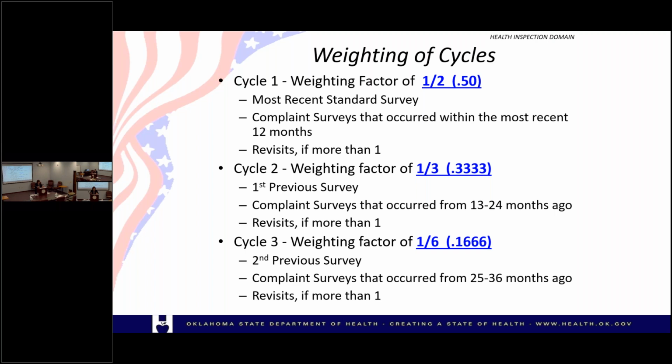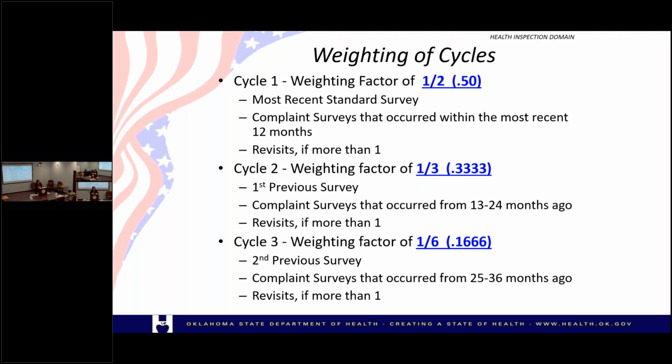So let's just say it's 2020 and you've had a standard survey. And then they're also going to look at any complaint surveys that occurred in the past 12 months and any recent revisits. So that particular cycle for year one is going to get weighted half or 0.50 points.